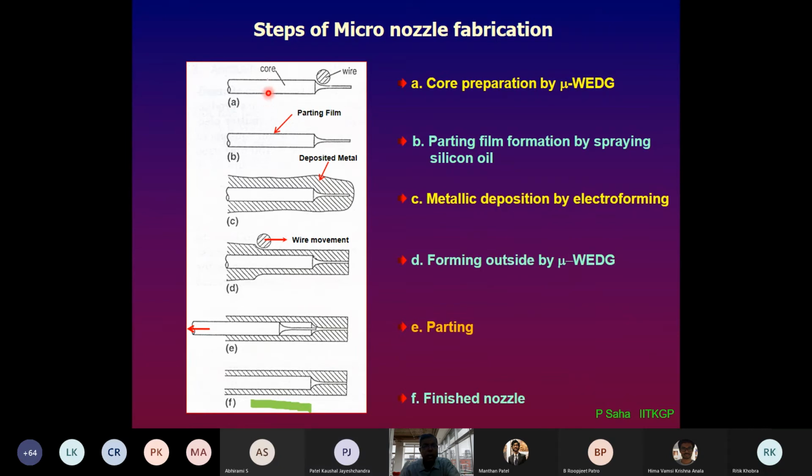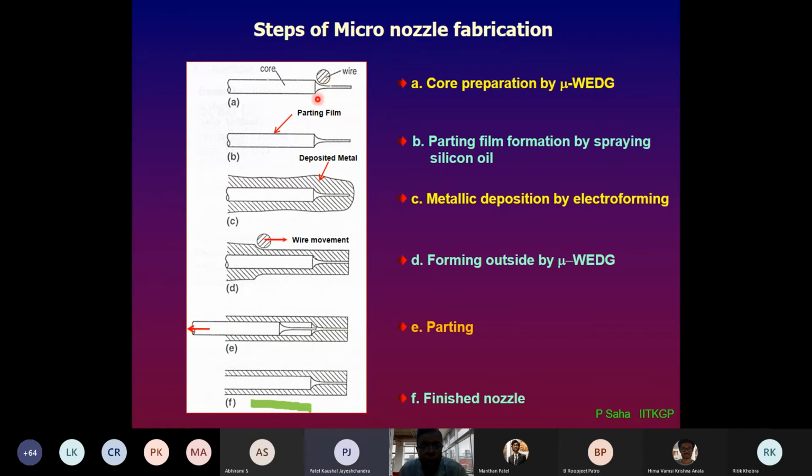Here, how do we progress? Say initially, with a micro wire electric discharge grinding process, the third option of making a micro tool, I am deploying it over here. If I employ that process, out of a micro shaft, gradually with a traveling wire I will reduce this diameter by gradually creating electrical discharges.